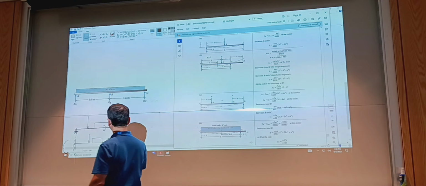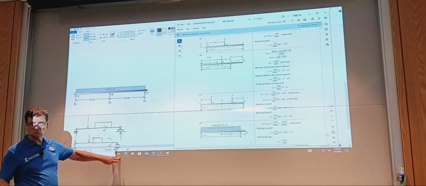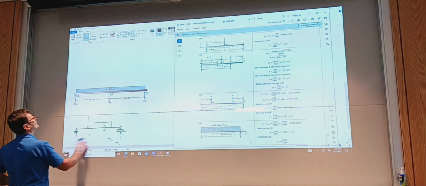And I cannot state equilibrium equations in sufficient number to solve for this. For the earlier problem that we did, we had an additional support here. So we have 1, 2, 3 unknowns, and I cannot determine them using our classical way.